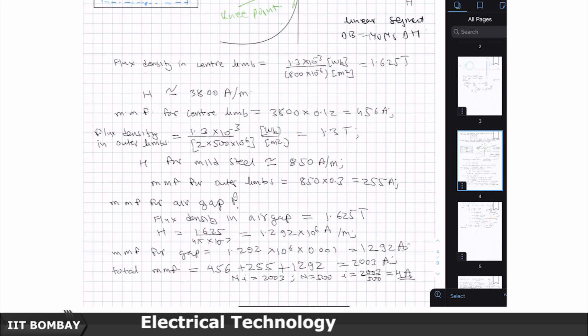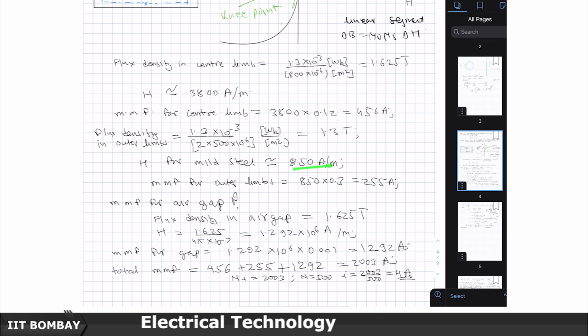This is because I have ignored fringing, and here in the air gap B is equal to mu 0 H. So, H is B divided by mu 0. So, it turns out to be 1.292 into 10 to the power 6 amperes per meter.